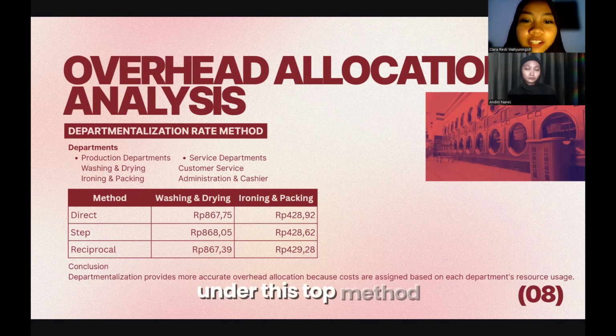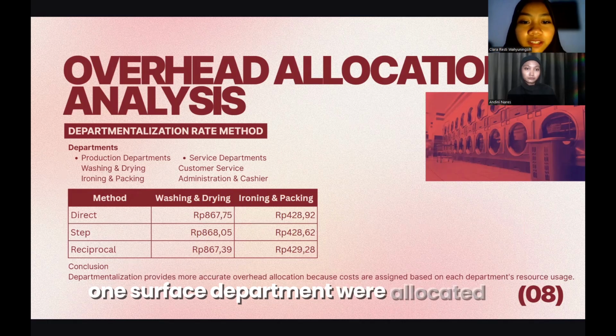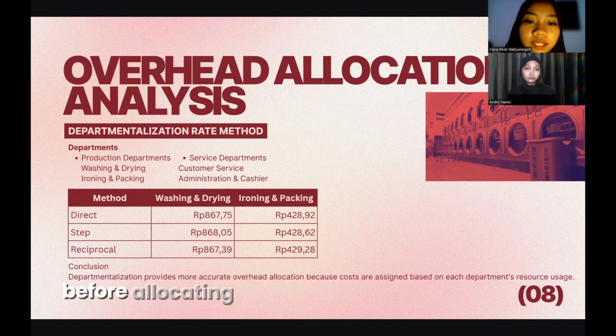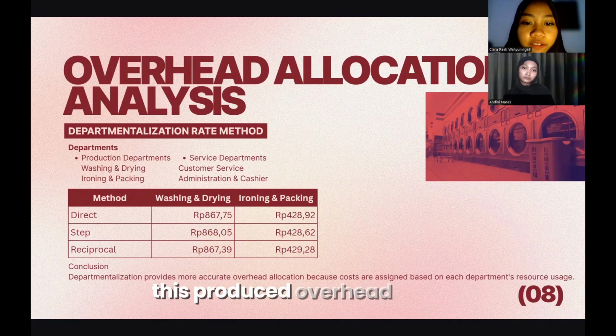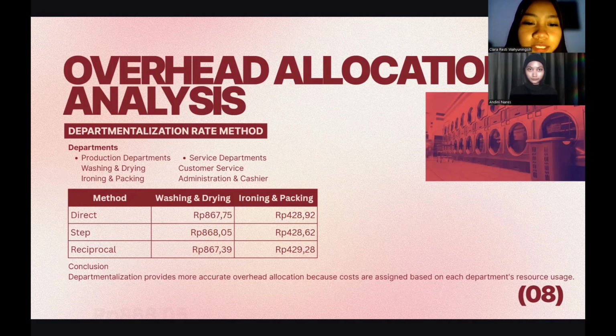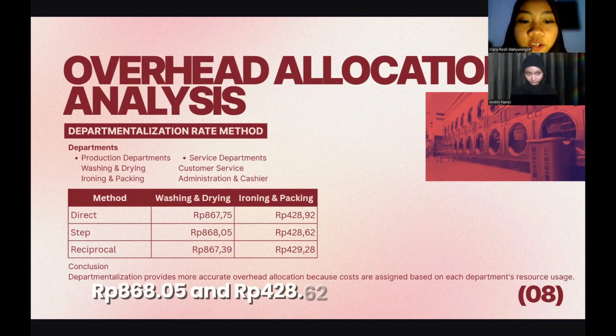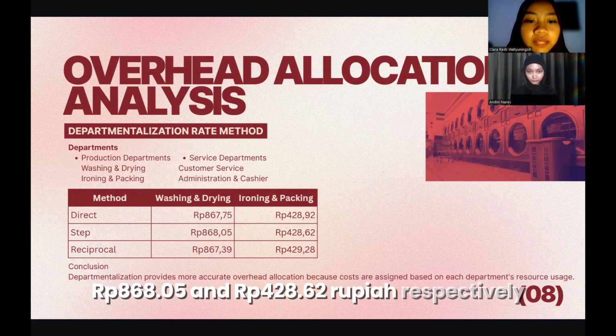Under the step method, one service department was allocated first before allocating the second service department. This produced overhead rates of 868.05 rupiah and 428.62 rupiah respectively.